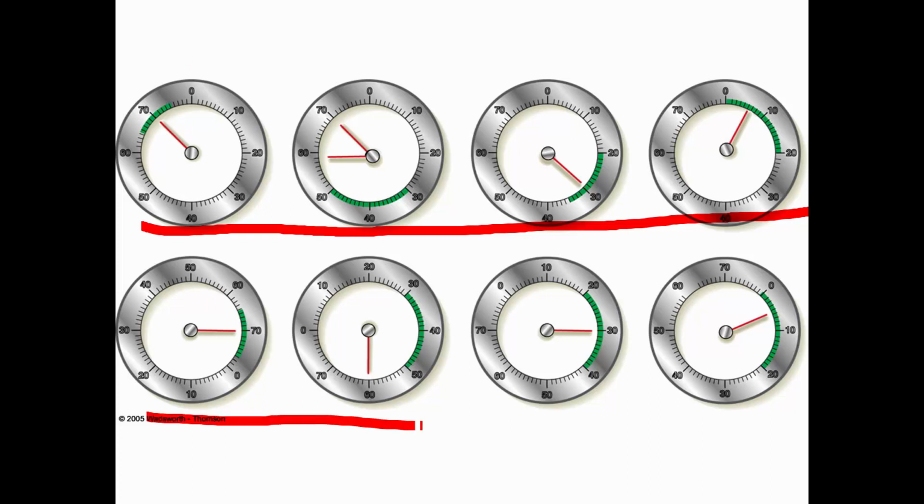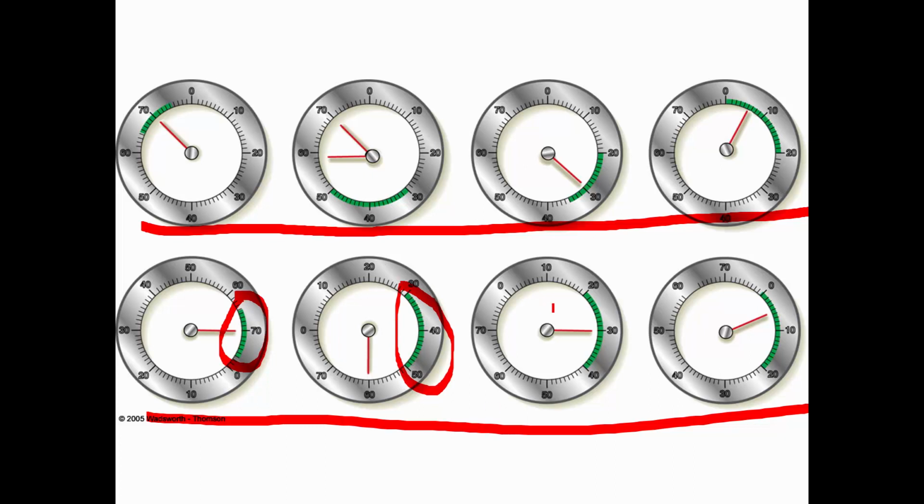But in the bottom row here, notice that the green region is always in the same area. So thus, half the work is done for the person. We find that the second row is much more efficient and easier on the person because the green region is in the same location in each dial.